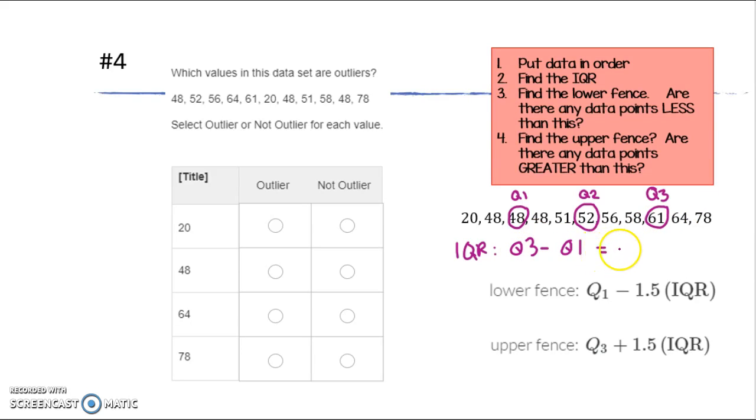So in this example, it would be 61 minus 48, and that's going to be the IQR that you will be multiplying by 1.5 in these two different fences. You just follow the steps in these little equations right here to find your fences. If you have any data lower than the lower fence, it is an outlier. If you have data that's higher than the upper fence, it is also an outlier.